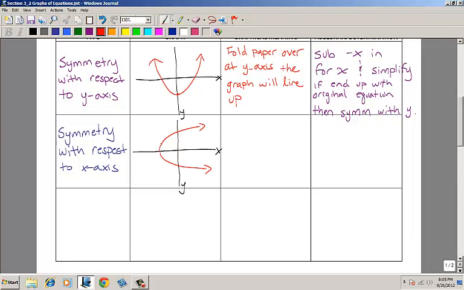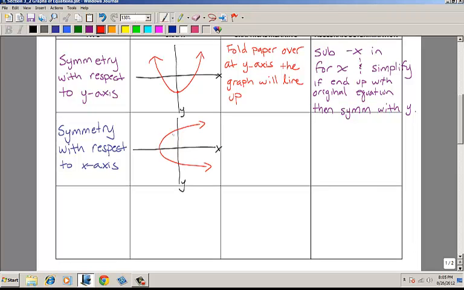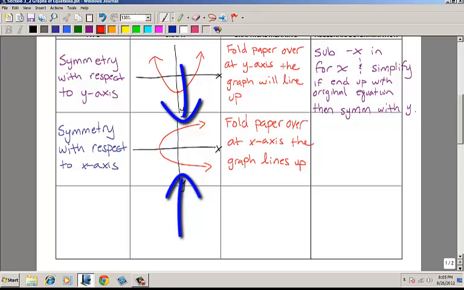If I would fold this paper over at this x-axis, the graph will line up. That's how I know that I'm symmetric with respect to the x-axis. So if I fold the paper over at the x-axis, the graph lines up. Okay. So whatever point exists here exists on the other side.